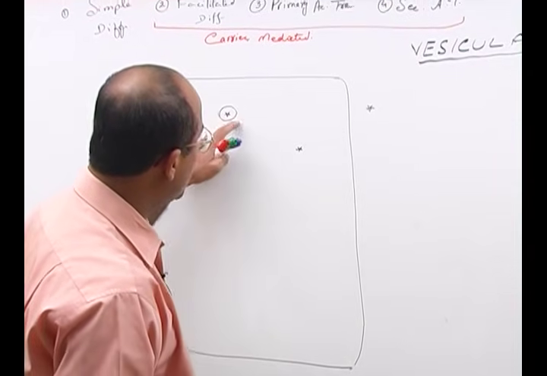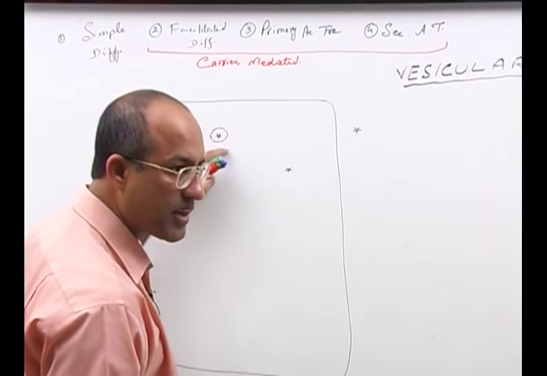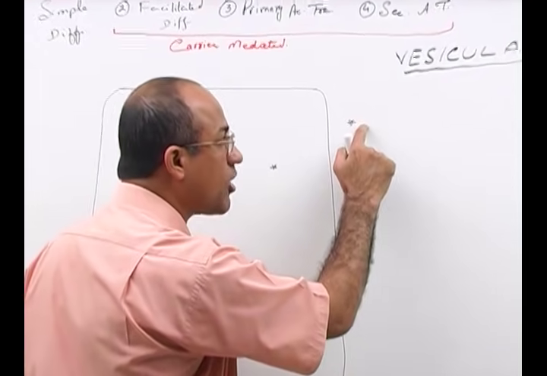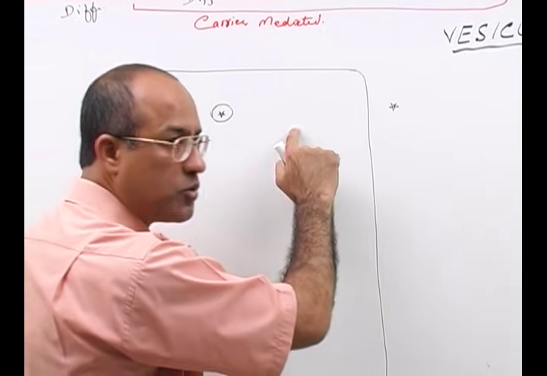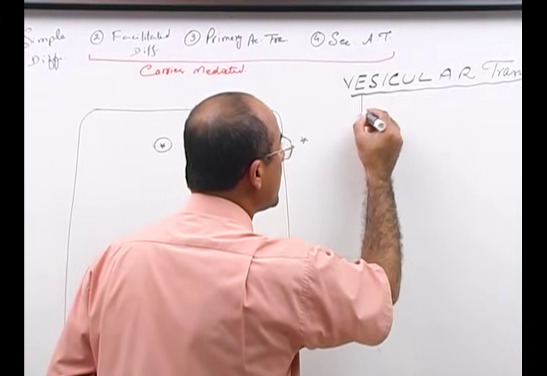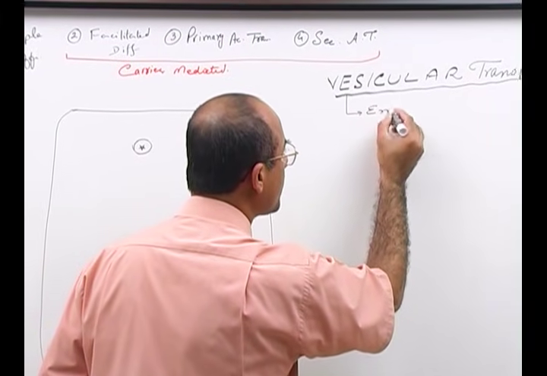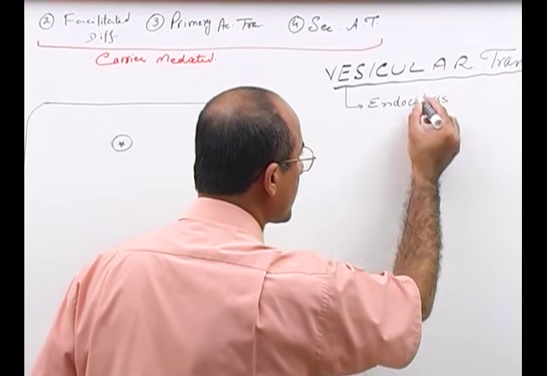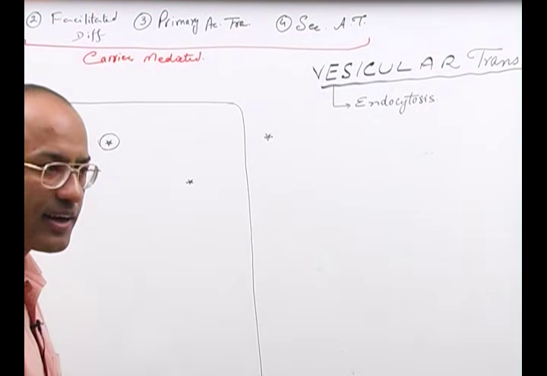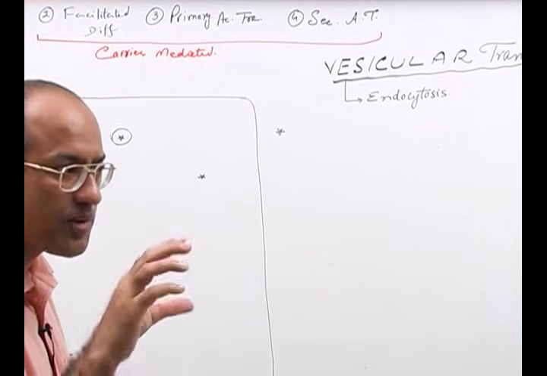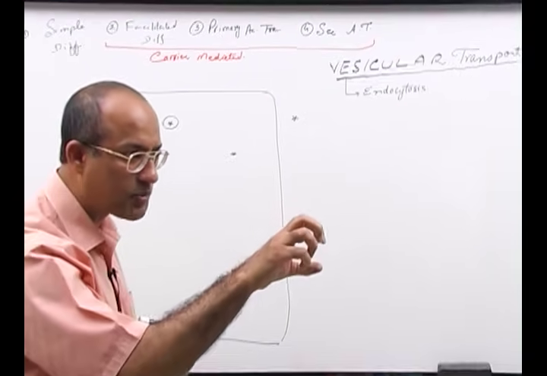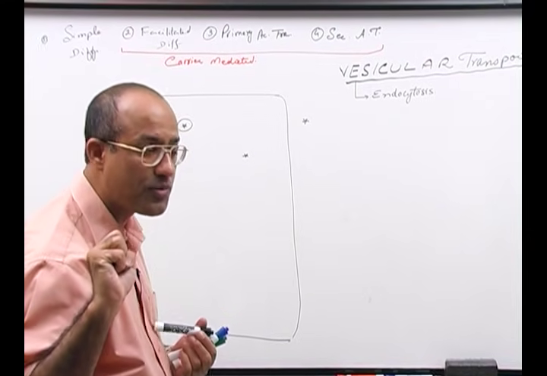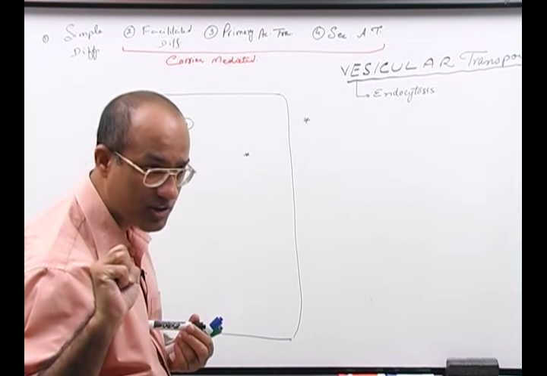When through the vesicular mechanisms cells are taking up extracellular material inside, we say this is endocytosis. What is this mechanism called? Endocytosis. If cells make vesicles and capture extracellular material and take it in, we say there is a phenomenon of endocytosis.